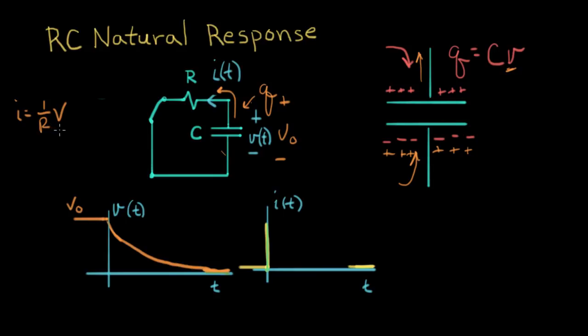It's directly proportional to the voltage. So as the voltage goes down, the current is going to go down. And we can take a guess. It'll have the same shape as the voltage. So it's going to go down something like that until it dies out to 0. So this is our forecast for what the natural response of an RC circuit looks like. And in the next video, we will actually derive really precise expressions for what those two curves look like.